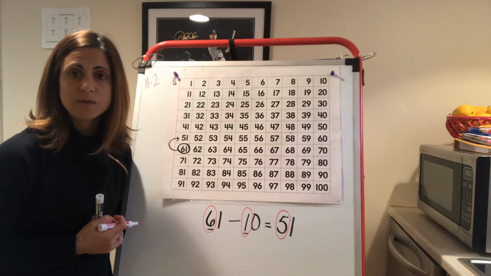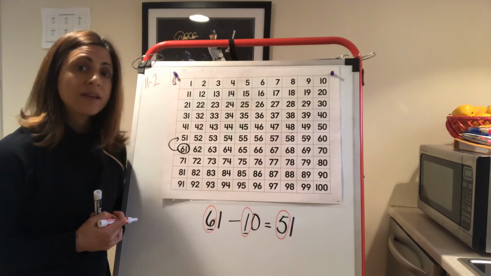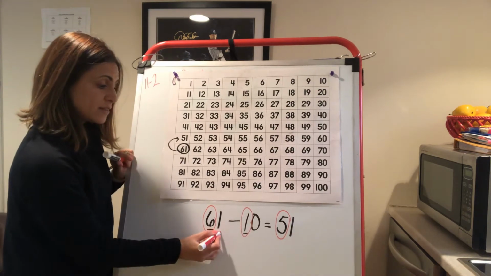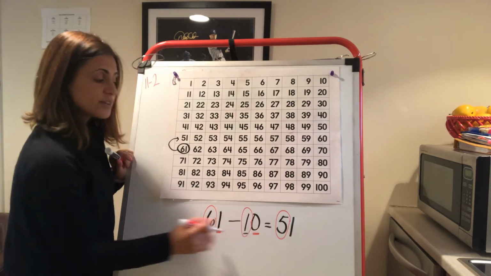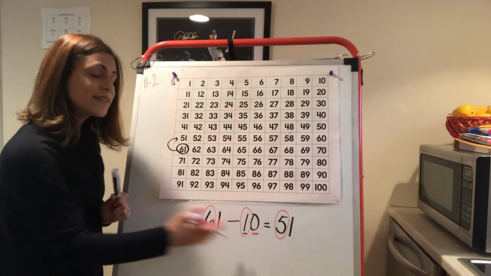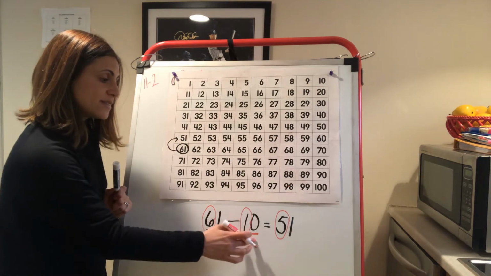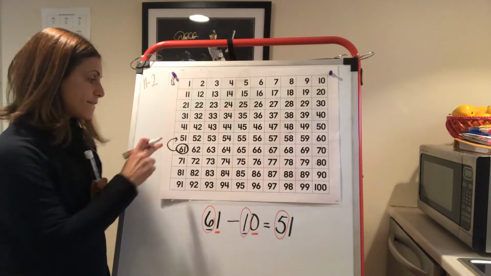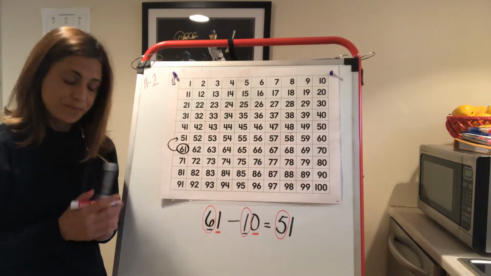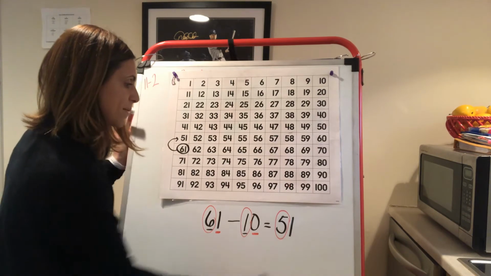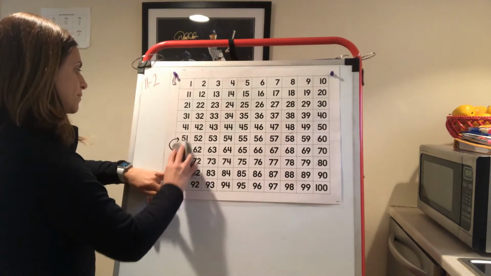So 6 minus 1, I know is 5. Remember, the ones are not changing. They're staying the same. You're taking away 0, which means the number is going to stay the same. 1 take away 0 is 1. 51 is your answer. We will do a few more examples until you get used to this.